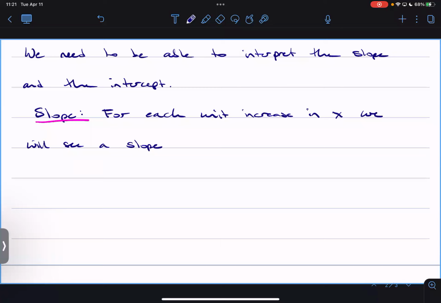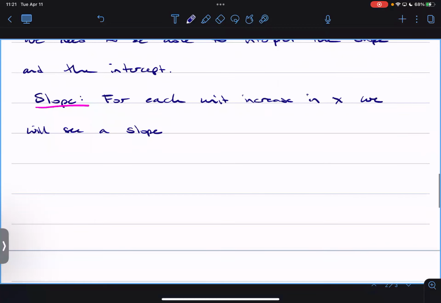I know you guys aren't going to like this because the slope could be negative or positive. But if you say increase, a negative increase is a decrease, and then you don't get caught up in interpretation too much. If you always say increase, even though it sounds weird, it'll always be true, and that's the most important thing. So we'll see a slope increase in the predicted value of y.